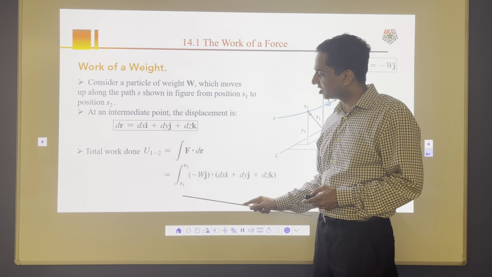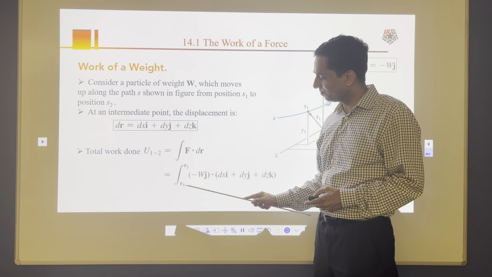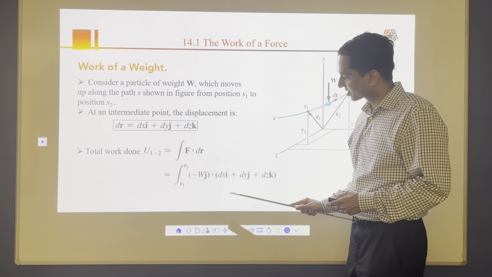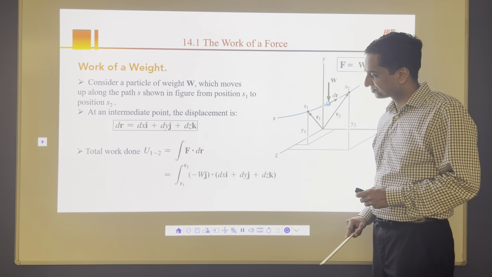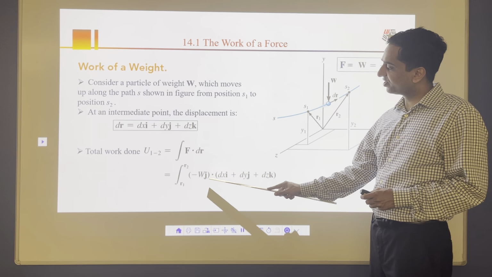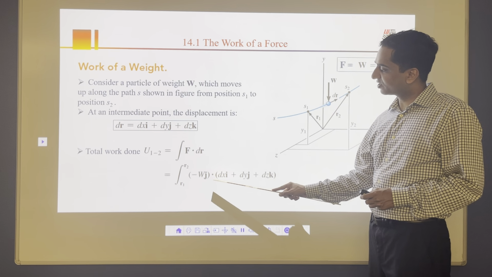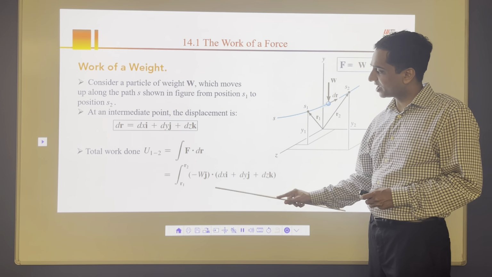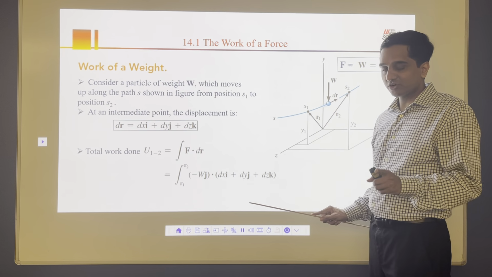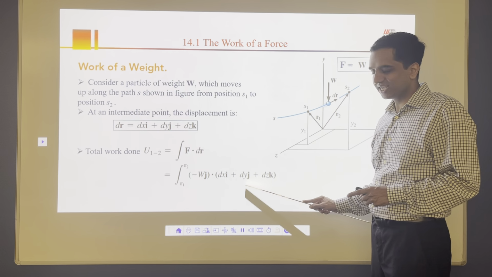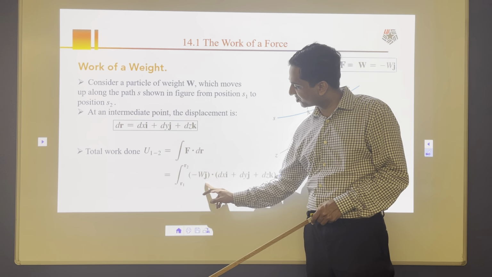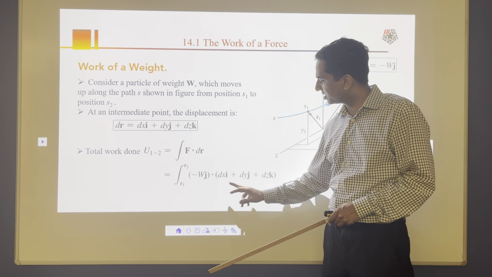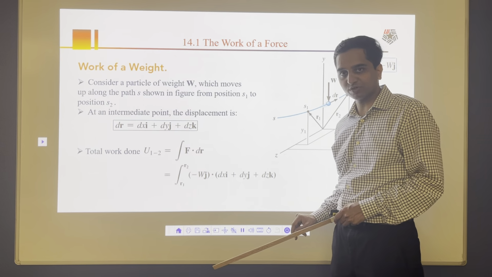So the total work done is the integral from r1 to r2 of minus W j dot (dx i plus dy j plus dz k). If you notice, the dot product of j and i is 0, the same way j and k is 0, and the dot product of j and j is 1. So the only relevant component is the j one, and the other multiplications become 0.